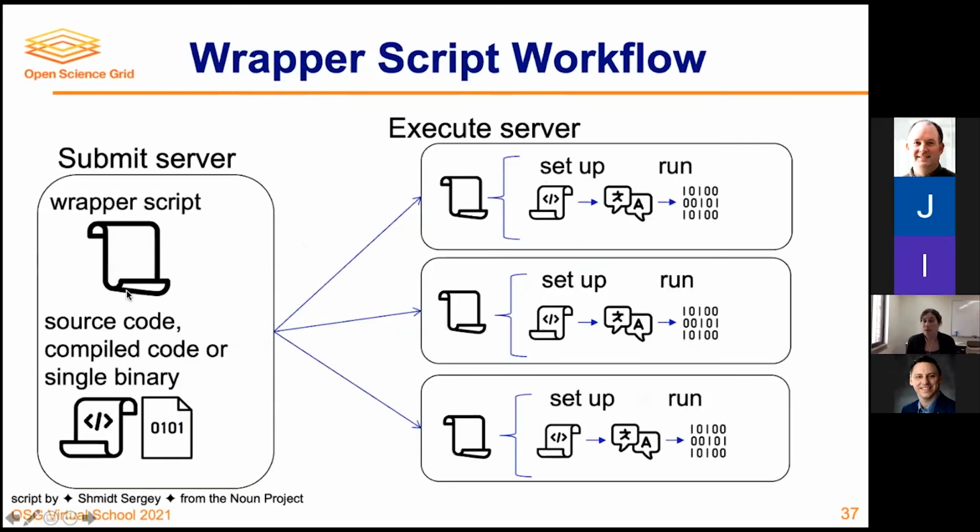If you have a wrapper script and then compiled code of some variety, an interpreter, a binary, a folder, these files get transferred, and the wrapper script is your executable. Inside the job, the wrapper script sets up the software installation and then runs the desired command.